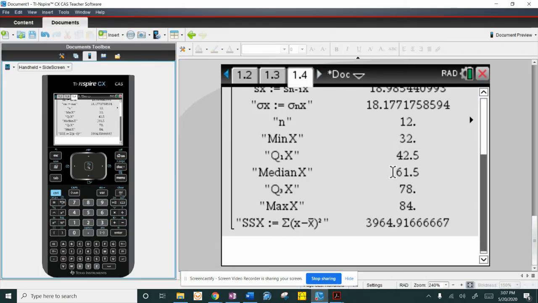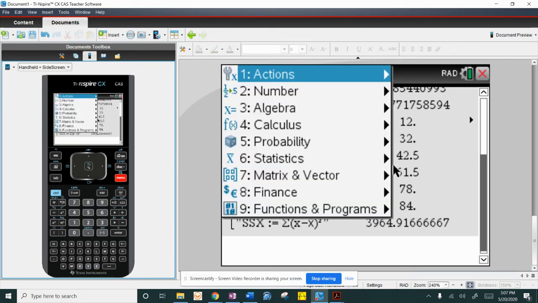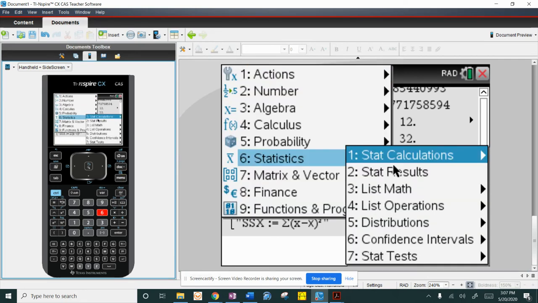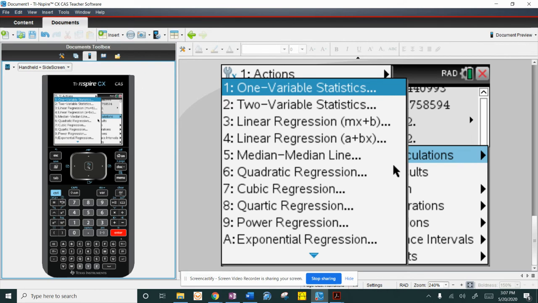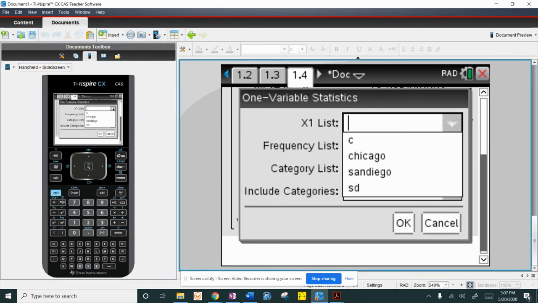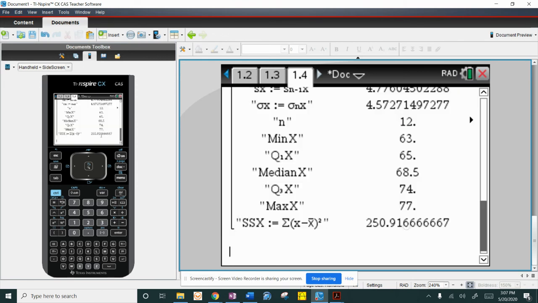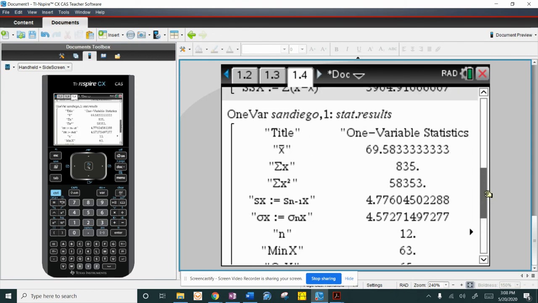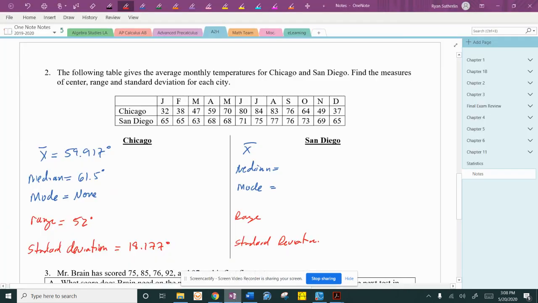I can just do menu again, stats, stat calculations, one variable stats, one list. This time I'm going to do San Diego. And now I'll scroll on up here. I get the mean to be 69.583 degrees. So 10 degrees warmer on average.